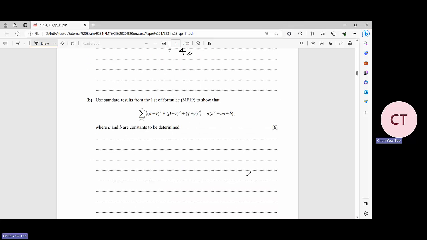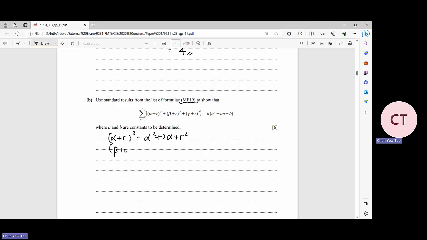Use the standard result from the list of formulae MF19 to show this equals such a form, where A and B are constants to be determined. So what you need to do over here is first of all expand them in this way. First, alpha plus r squared is alpha square plus 2r alpha plus r square.